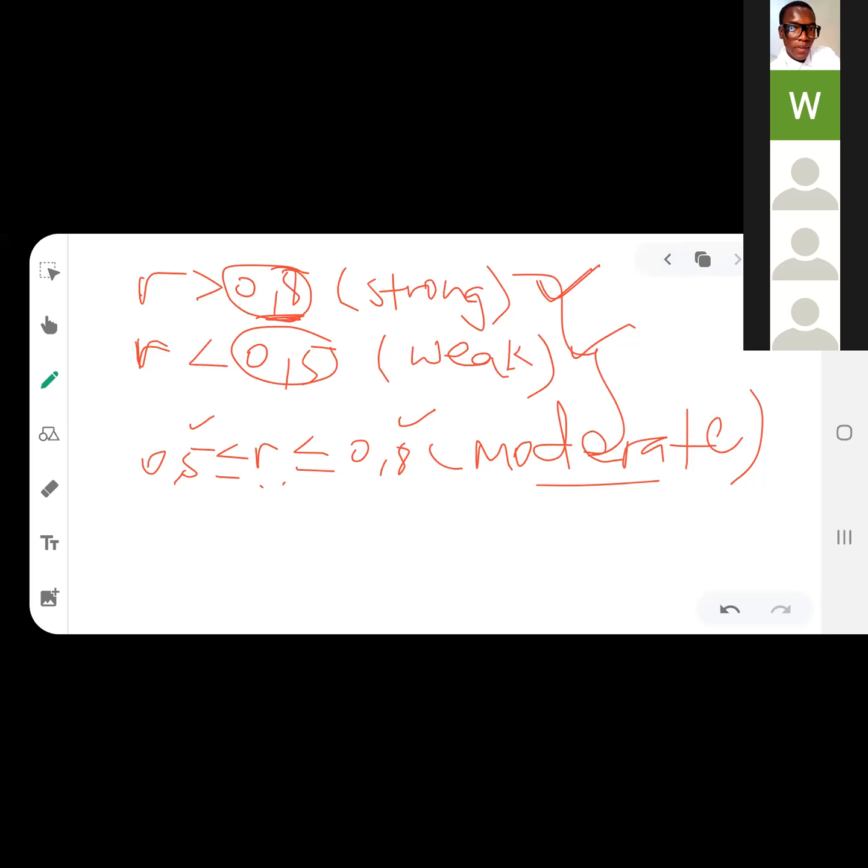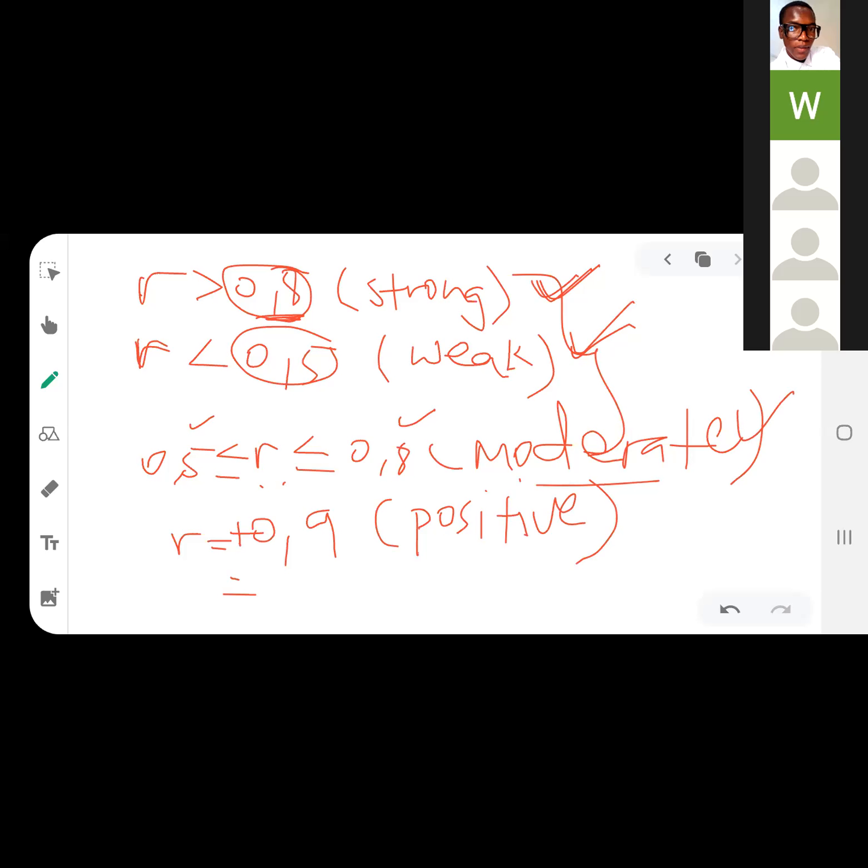So let's say, for instance, you calculate the value of R and you get 0.9. When you get 0.9, is it a positive or a negative relationship? It's a positive relationship because the value of R is positive, right? Now you further tell us, is it a strong positive relationship, a weak positive, or a moderate positive?